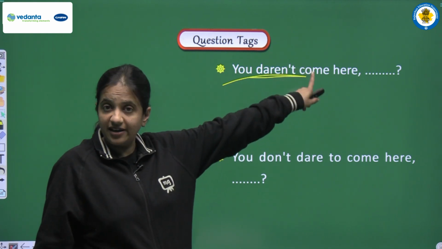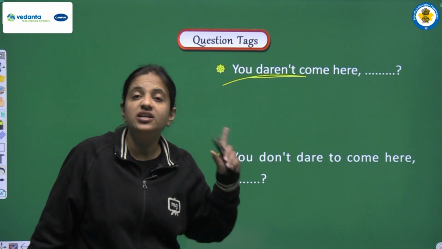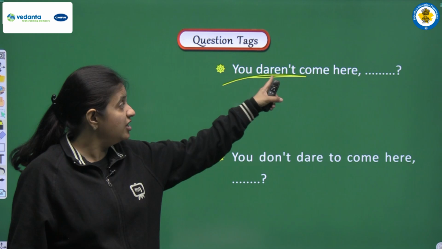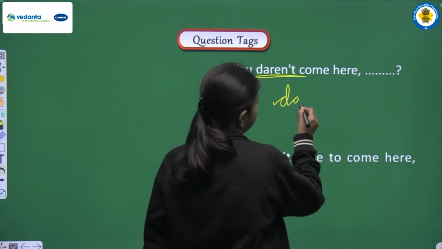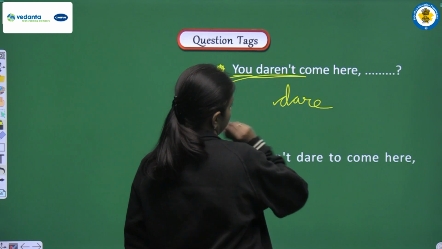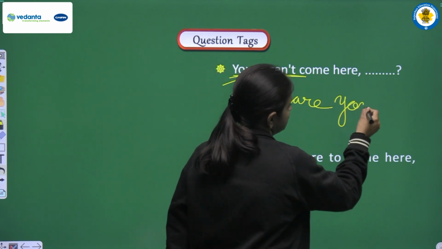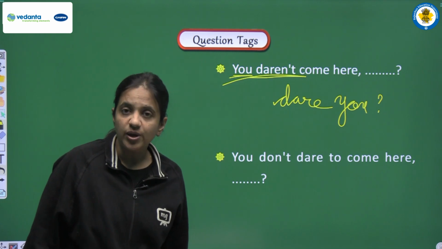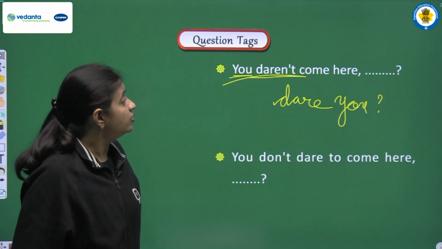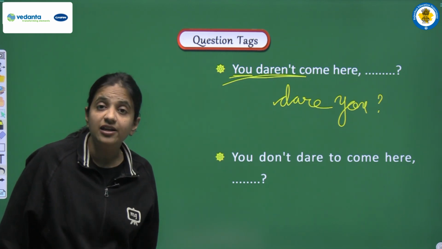We have a negative sentence. So now the question tag will be positive, and we will use only dare as the auxiliary. So here we have to write dare, and the pronoun subject, that is you, we will use the same pronoun. So now the question tag will be dare you, and the complete sentence is you daren't come here, dare you.